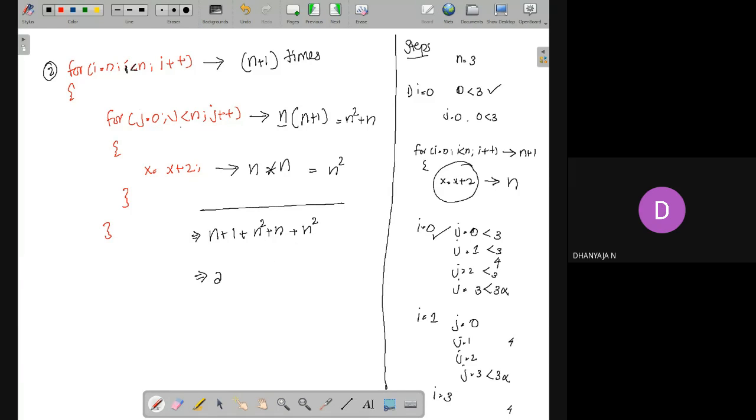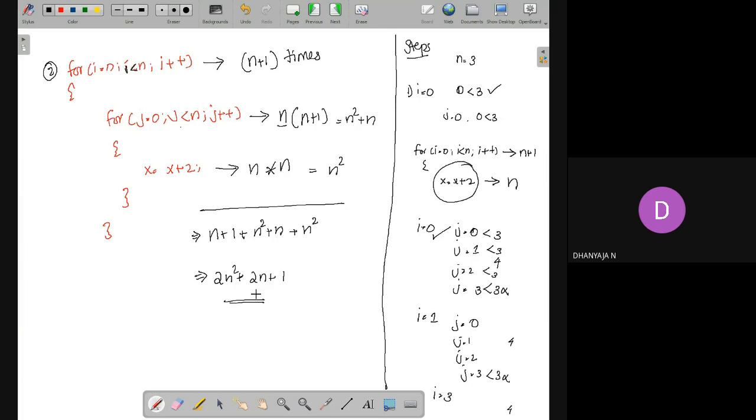Then how can we write it? 2n square plus 2n plus 1. Isn't it? This will be the overall frequency count, isn't it? Yes or no? 2n square plus 2n plus 1. This will be the total frequency count.